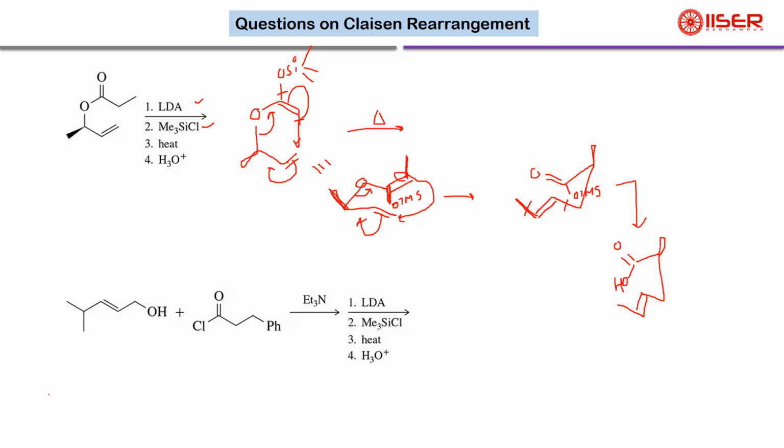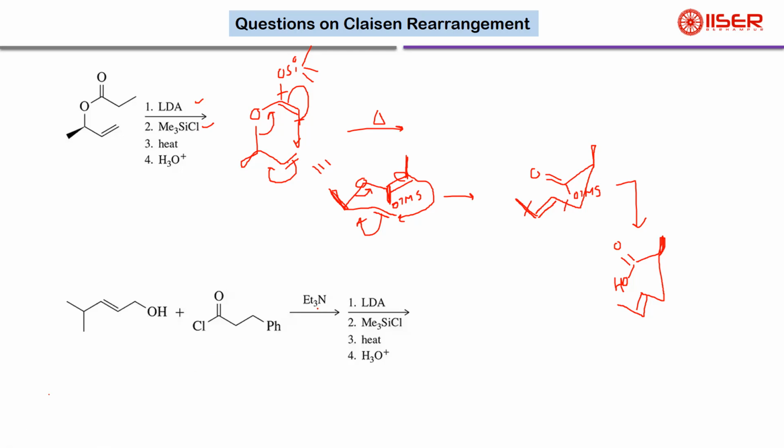Okay, so this will be the structure of the product. So always go to a Zimmermann-Traxler transition state. You know now that the six-membered cyclohexane transition state is called the Zimmermann-Traxler transition state.